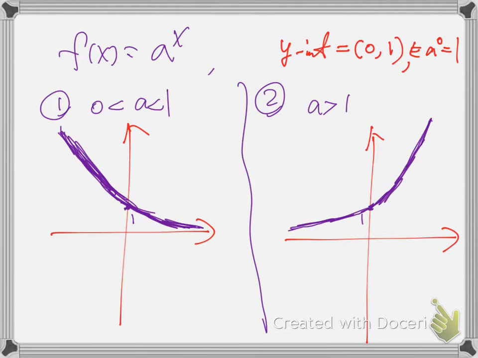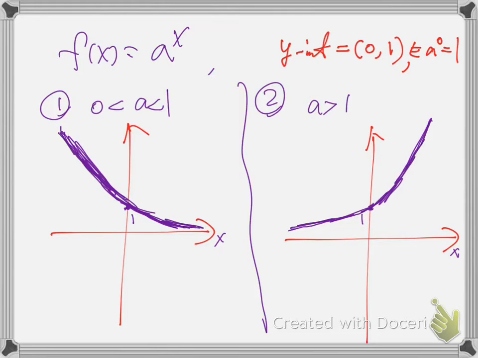If you look at the whole graph from left to right, another property is the output is always bigger than 0. So f of x is always bigger than 0. That means the whole graph is always in the upper half plane. There's nothing in the lower half plane.